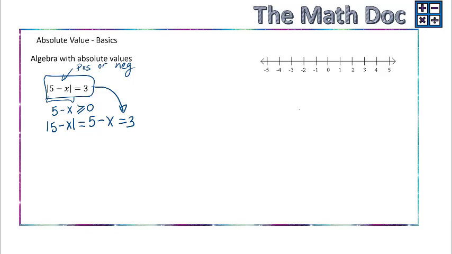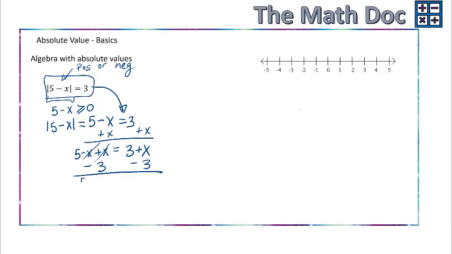So now we can do our magic with the equation. Let's add x to both sides of this equation. And we have 5 minus x plus x equals 3 plus x. And these two x's cancel. And now we just have to subtract 3 from both sides in order to get x isolated.